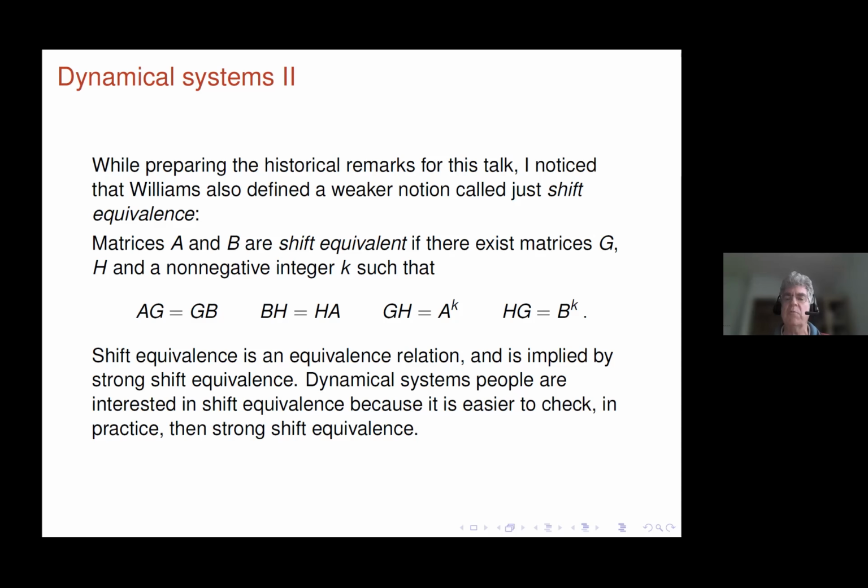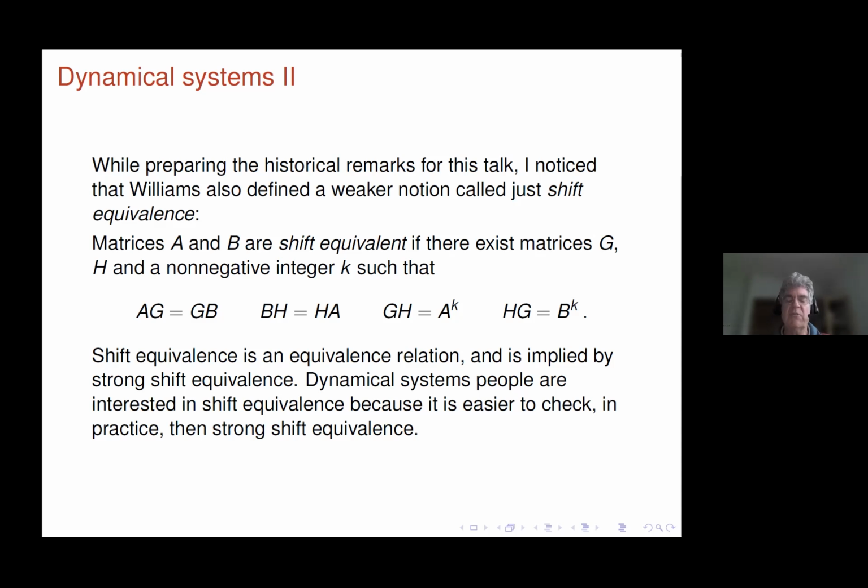There's a weaker notion, which is just known as shift equivalence. And matrices of non-negative integers are shift equivalent if there exist a couple of other matrices and a non-negative integer k such that these 4 equations in the display hold.